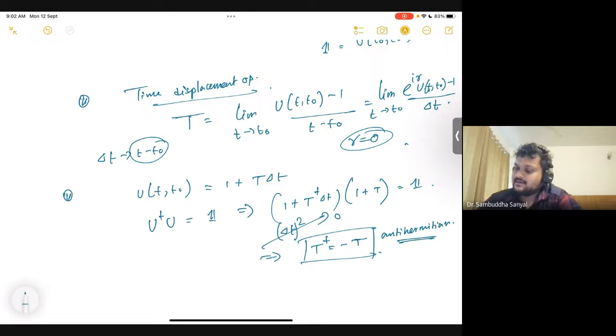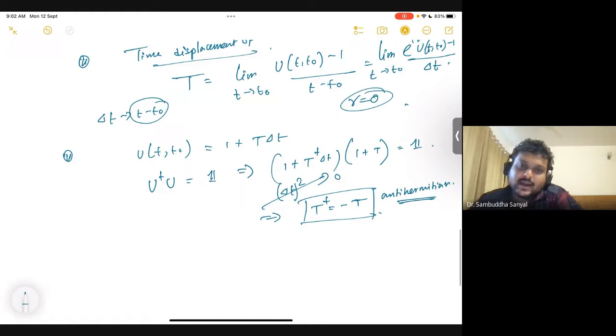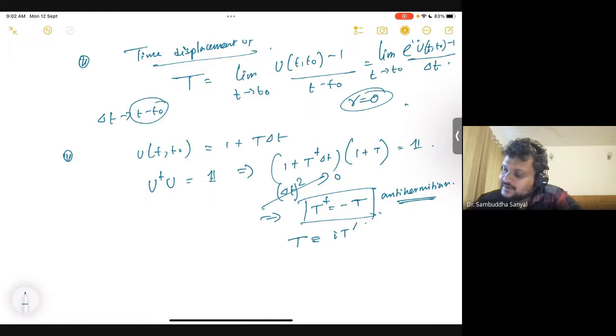Now I want to identify it with a physical operator, just the same thing we did before. So I'll replace T by i T prime, where T prime is a physical operator.